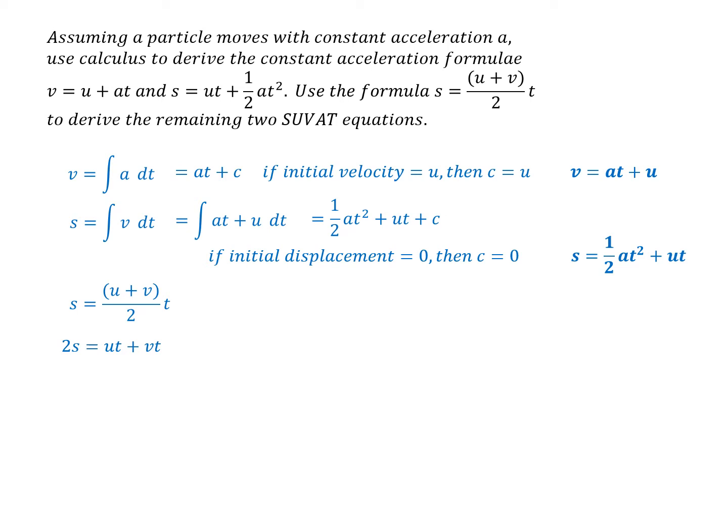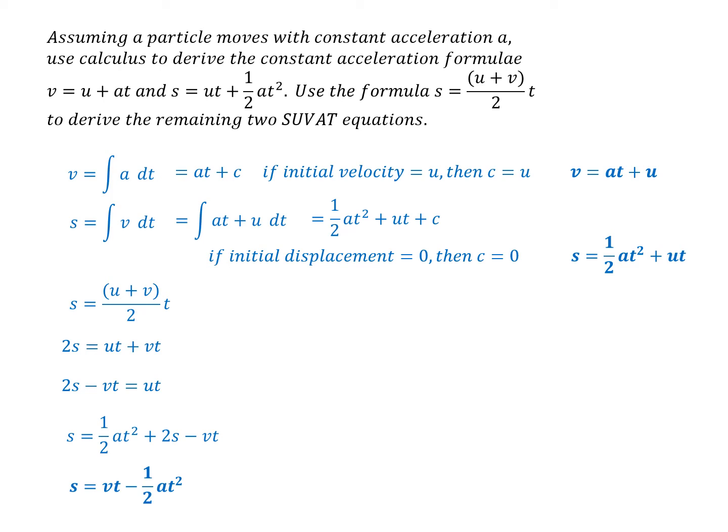To get an expression for ut plus vt, when we rearrange that, we get ut equals 2s minus vt, and we can pop that into this equation here. So when we do that, we get s equals a half at squared plus 2s minus vt. A little bit of algebraic rearrangement gives us our familiar s equals vt minus a half at squared.